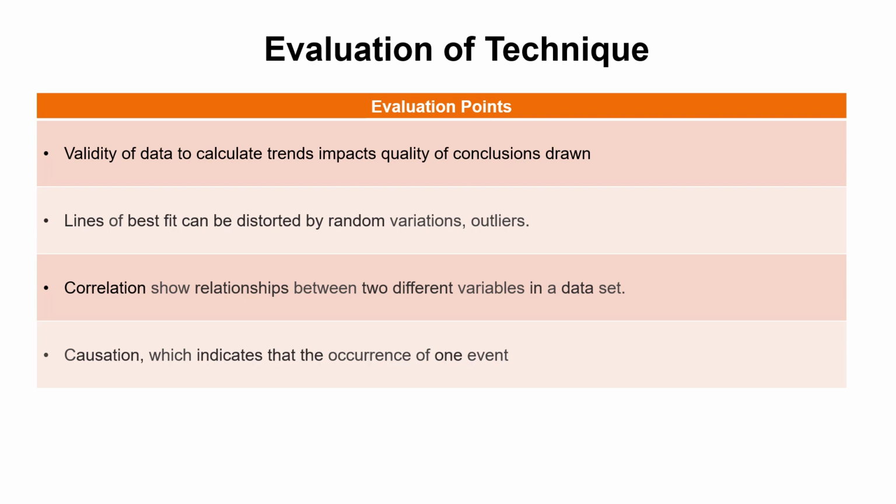Difference between correlation and causation. Have witnessed that being used. Okay. Make sure you are comfortable with the difference between correlation. Correlation is the relationship between two variables. Causation indicates that the occurrence of one event. Now, the occurrence of that one event may not necessarily have an impact on another event.